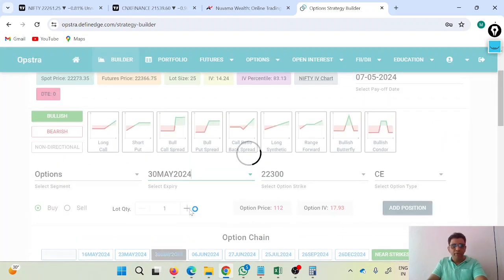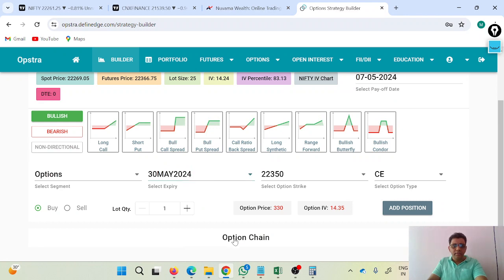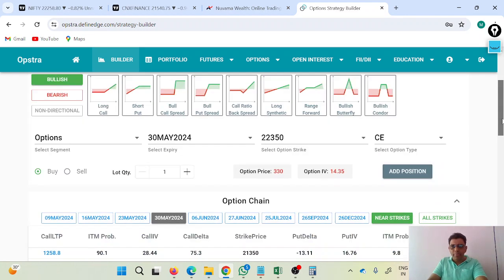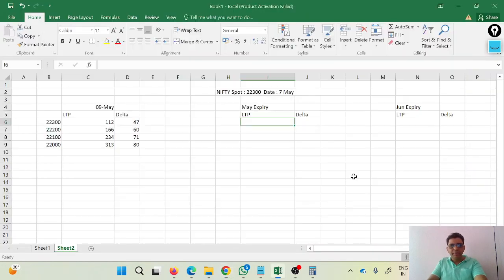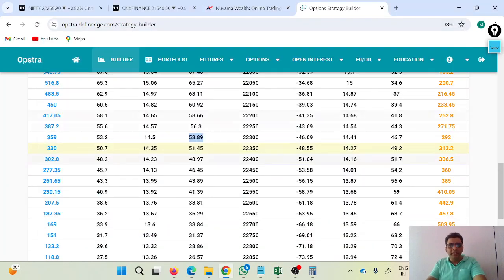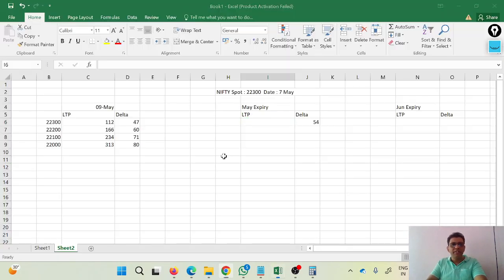I'll select 30th of May over here, and I will get the option chain. 22,300, delta is 53, or it was 54 rather, 53.89, and LTP is 359.